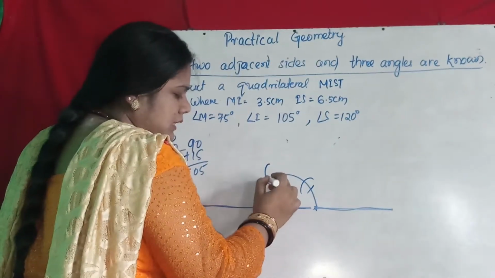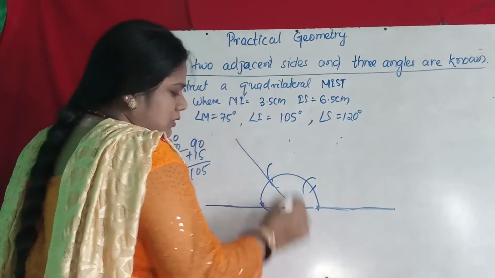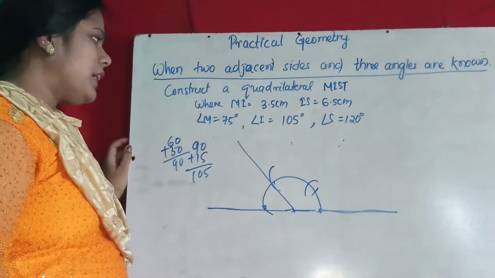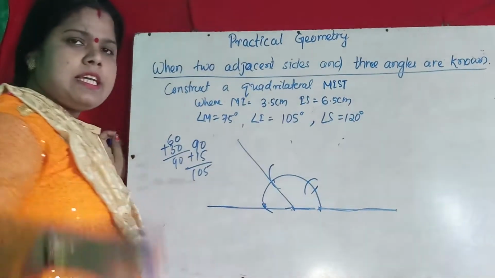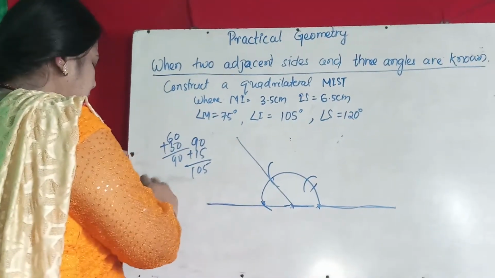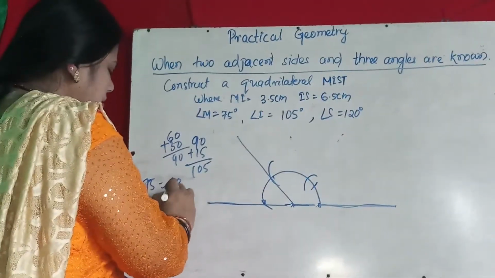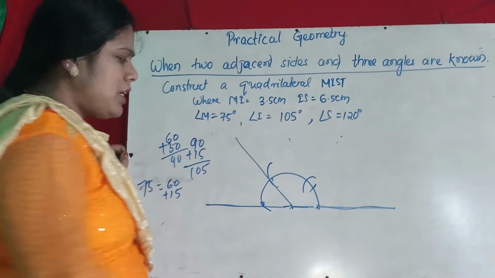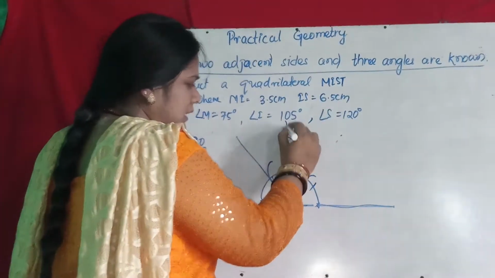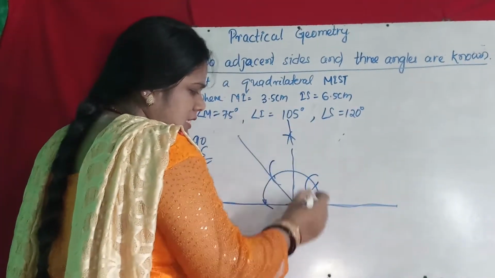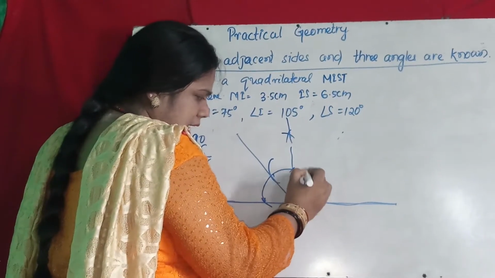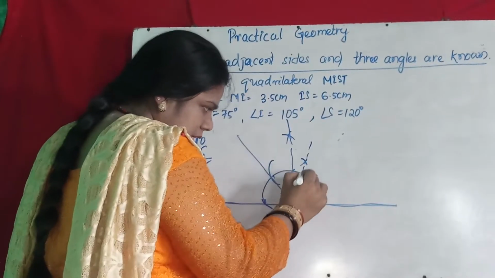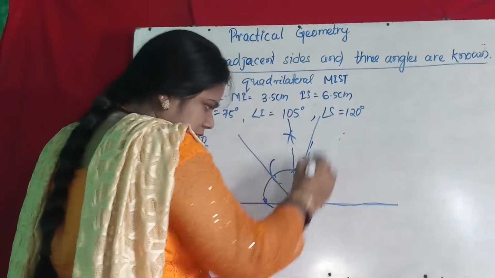This is 60, this is 60, total 120 degree. Like this 75 degree means 60 plus 15 degree. First you draw 90 degree, it is 60, it is 30, 90. When we divide this 30 into 2 parts and join, you get 75 degree.